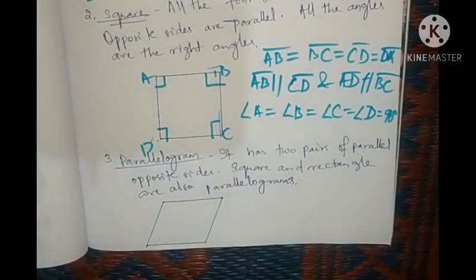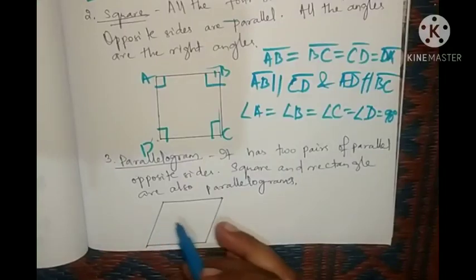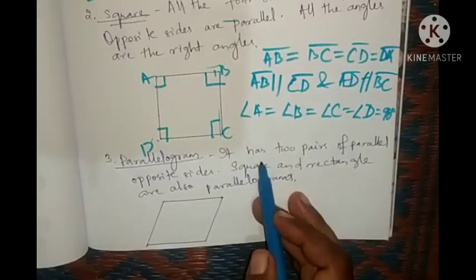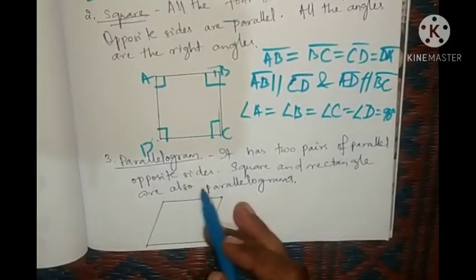Next you see the parallelogram. Rectangle, square, and now parallelogram. From parallel it has come: parallelogram. You write parallel, then you write gram. A parallelogram has 2 pairs of parallel opposite sides.